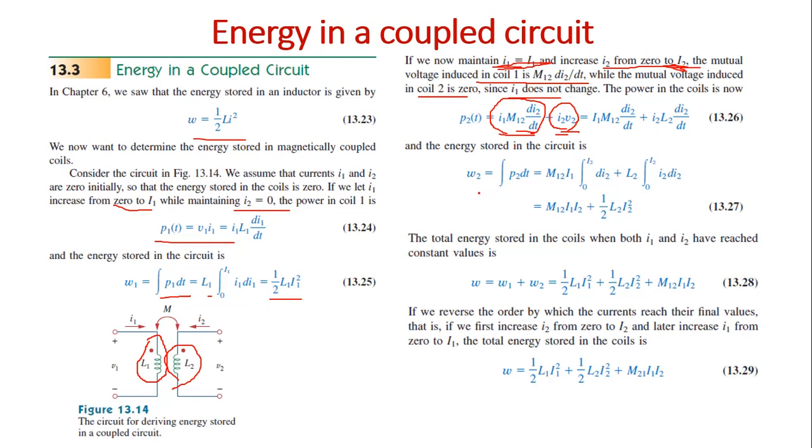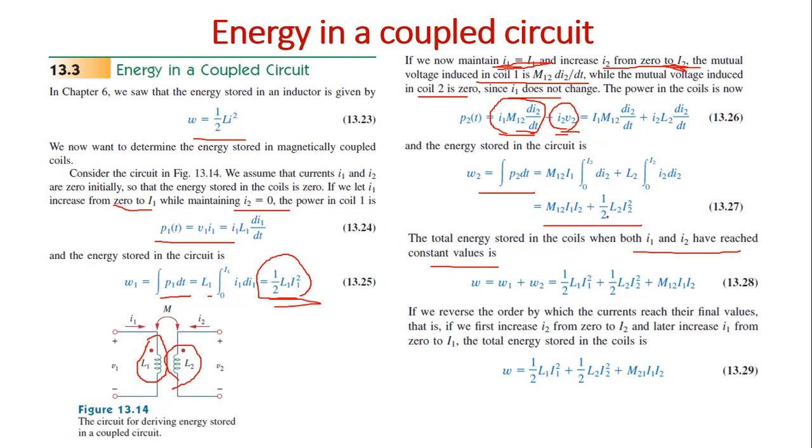Energy stored in the circuit is integral of p dt, substitute the value of power. This is the formula we will be getting, right? So now the total energy stored in coils when both I1 and I2 have reached constant values is, this is the value of energy when I1 was increased from 0 to I1.